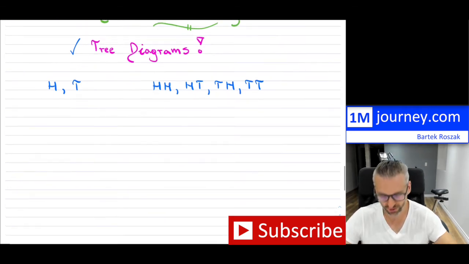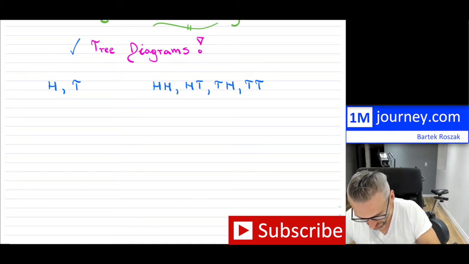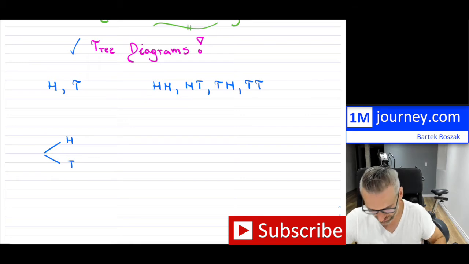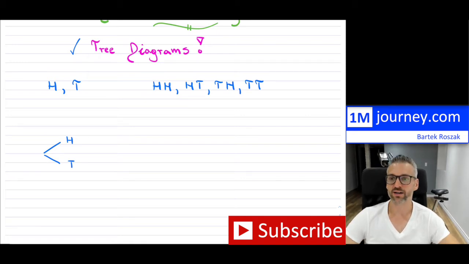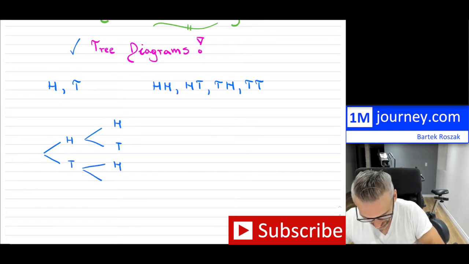Let's say for 3 flips of a coin, how would we get all of these possible outcomes? If we flip it once, we know that we're going to get either a heads or a tail. This would be the first coin flip. Now, if you flip it 2 times, you would get a head and a tail here, and a head and a tail here.